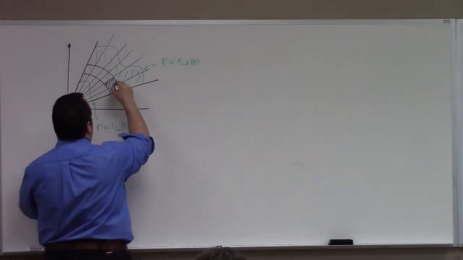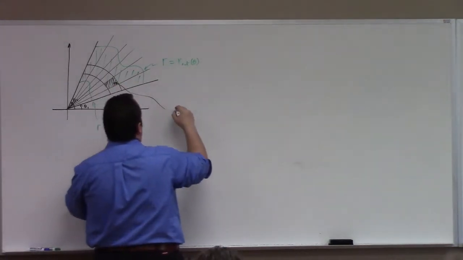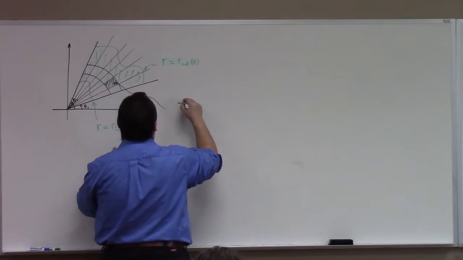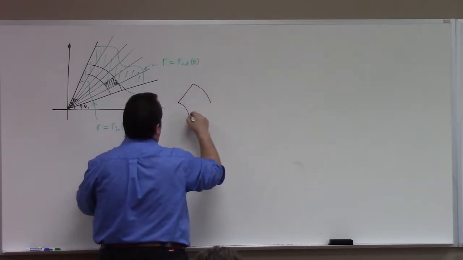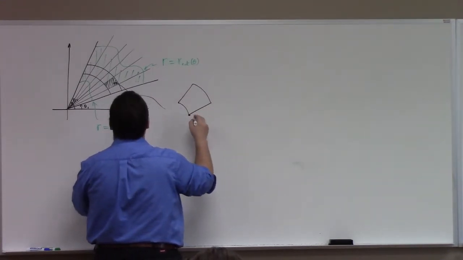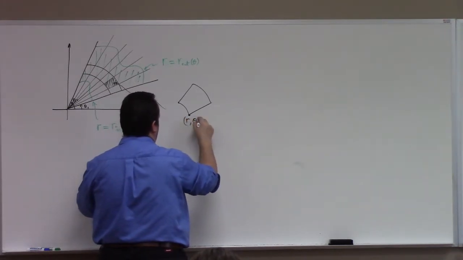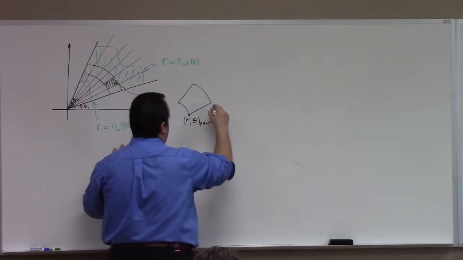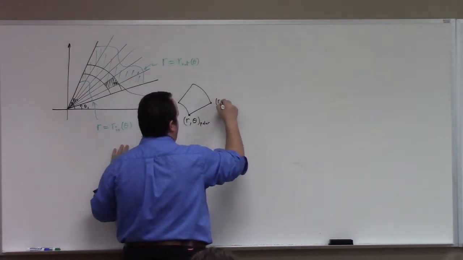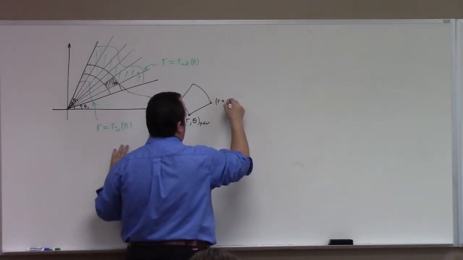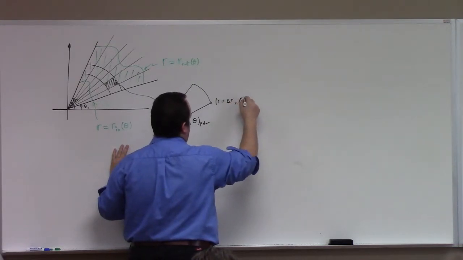What's that look like? Let's suppose that this point here is at R and theta in polars. This point over here would be at R plus a little bit of R and theta in polars.